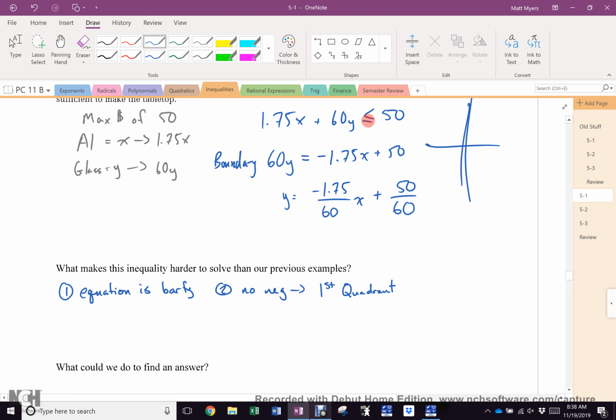We've set it up perfectly, right? All we need to do is shade now. And we already know where the shading's going to go, don't we? Let's be honest, we kind of know this, yeah? What's the y-intercept? 5/6, almost 1, yeah? And what's the slope? Is it super steep or super shallow?